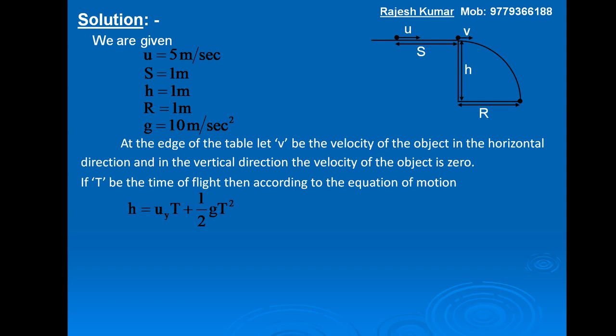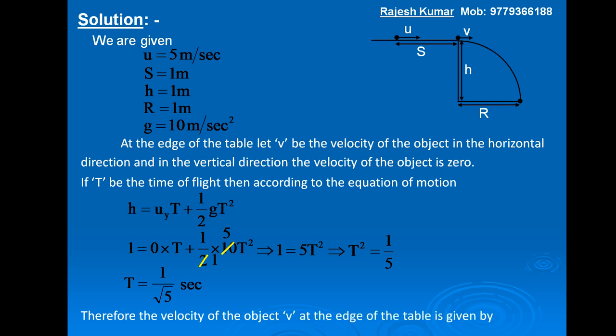Putting the values, we get 1 is equal to 0 into T plus half into 10 into t square. So 1 is equal to 5 t square, or t square is equal to 1 upon 5. Taking square root on both sides, we get time of flight T is equal to 1 upon square root 5 second.